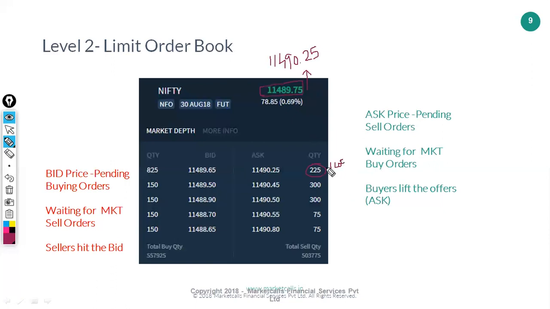I'll be pushing the market way up to 11,490.55, eating all those limit orders when I punch a market order of 18 lots. Am I right or wrong?